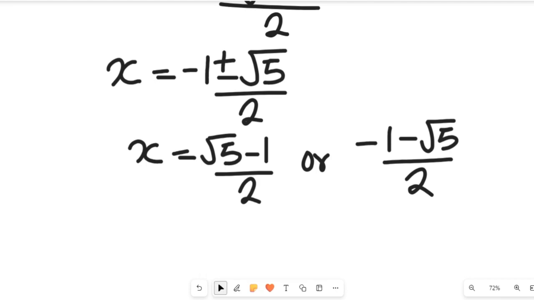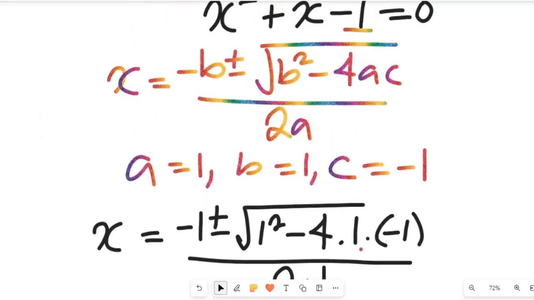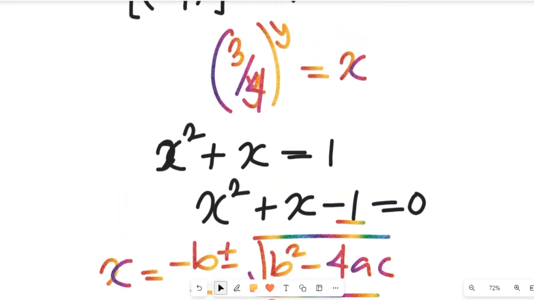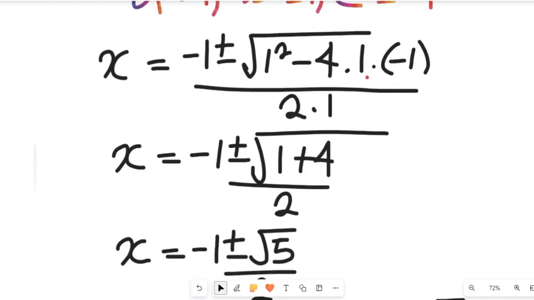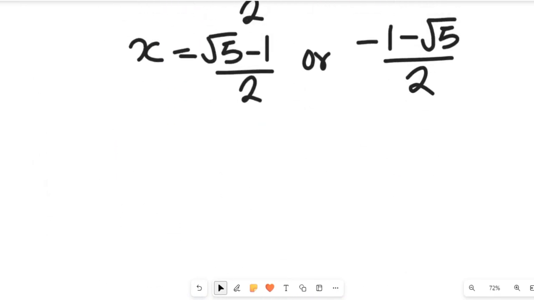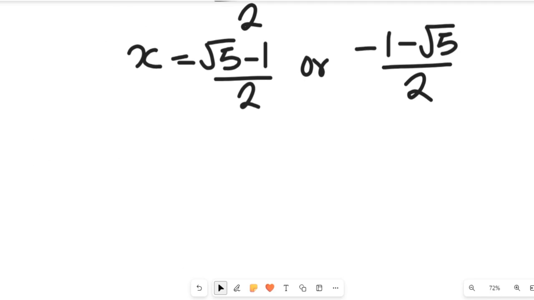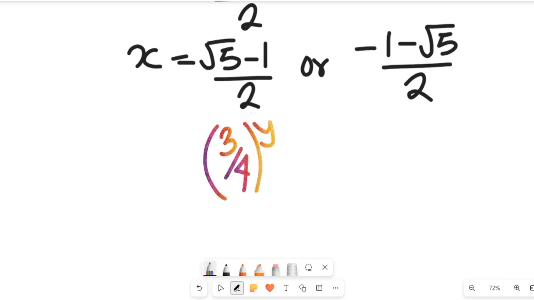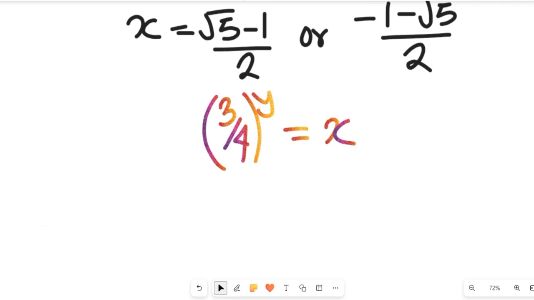Now recall from our initial expression, we said that 3 divided by 4, all to the power of y, is equal to x. So if our x is equal to this, then 3 divided by 4 to the power of y is equal to x, and our main intent is to find the value of y. So let's equate these two expressions.